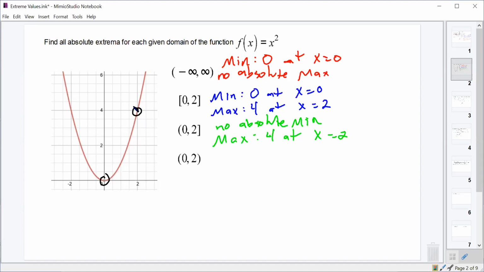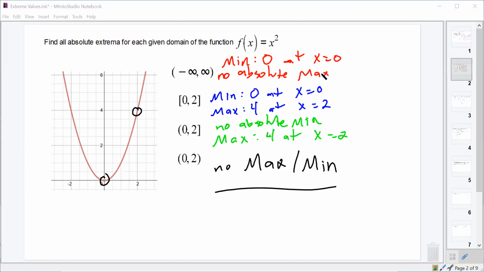No. Do we have an absolute max? No. No max or min. Okay. So depending on how we restrict the domain of any particular function, we may or may not have absolute maxes or absolute mins. Right? So we want to keep that in mind.